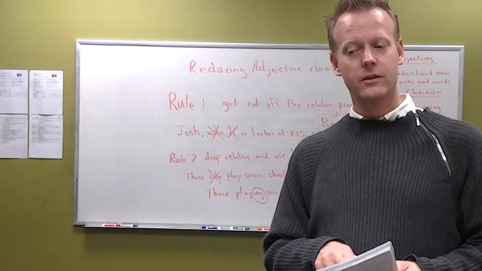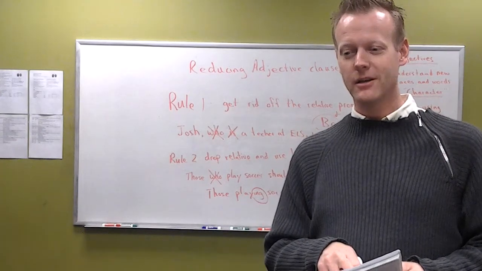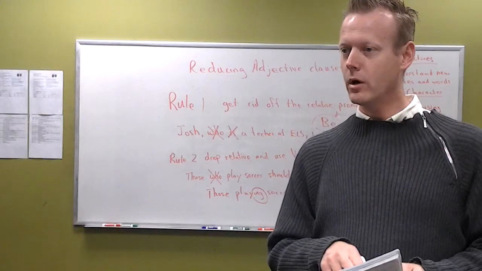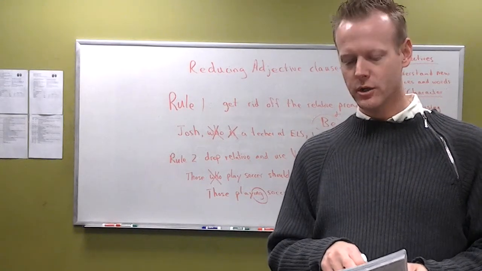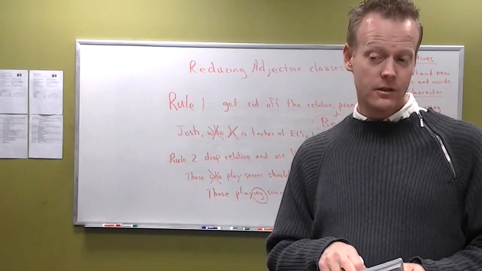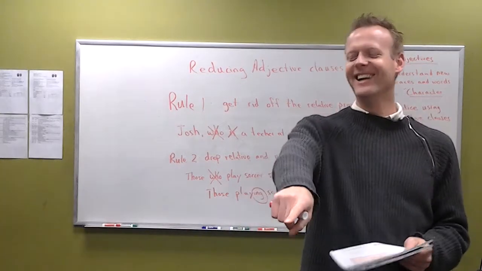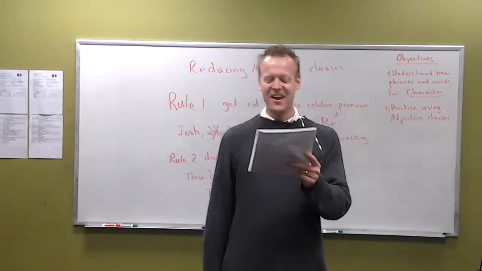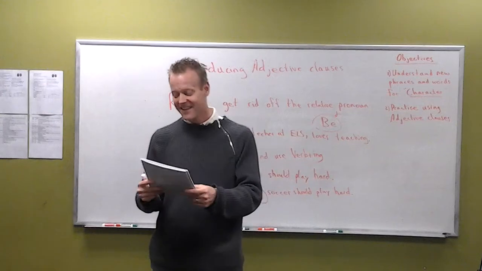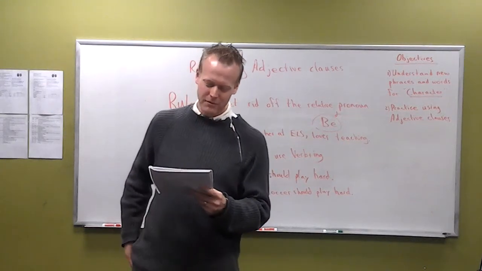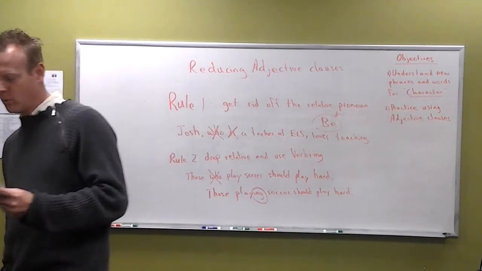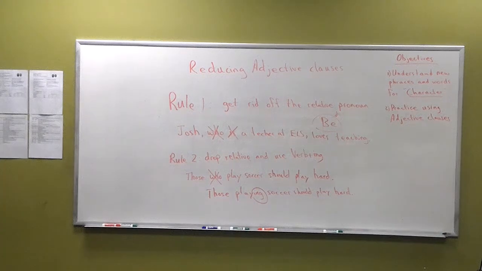Don't use who with a place. Who's for persons. Which is in the suburbs. There you go. Finally. That's a tricky one. They're looking for a quiet place to live, preferably one which is in the suburbs.